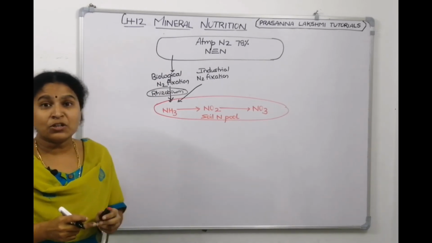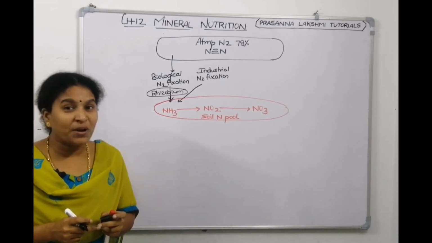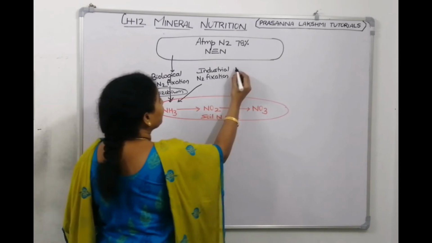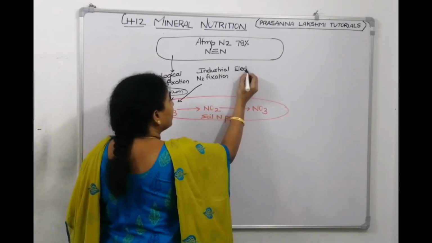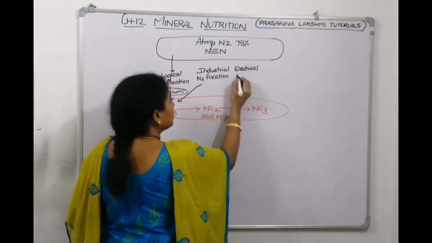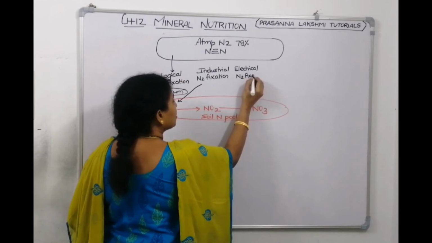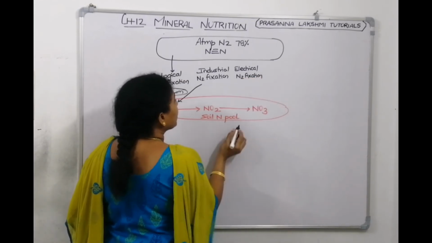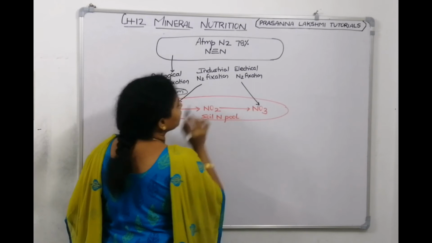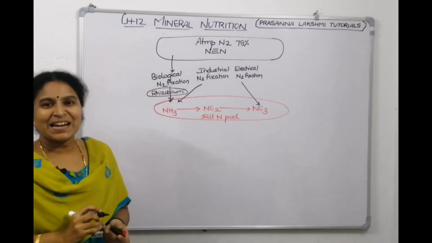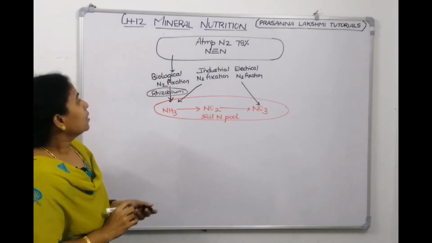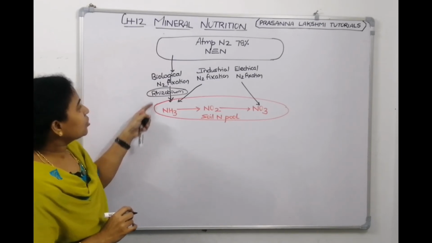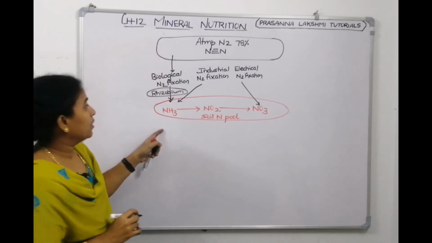There's another process we talked about, electrical nitrogen fixation, by UV light and thunderstorms. Let us write on that. In electrical nitrogen fixation, ammonia is formed. So by biological nitrogen fixation, atmospheric N2 goes to ammonia.